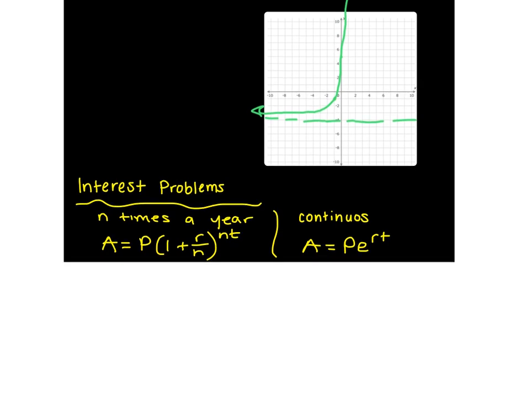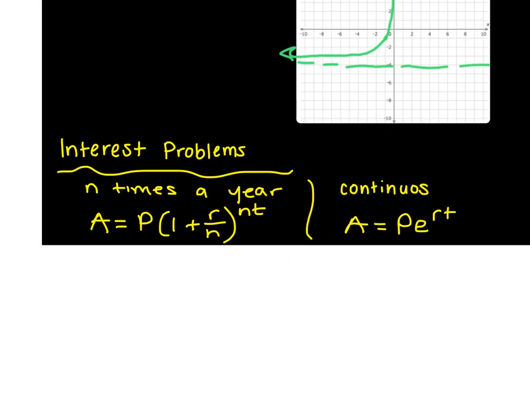Also in 3-1 was your interest problems. So guaranteed, interest problems are on the portion of your test that has the calculator. And there's 2 different kinds, either a certain number of times a year or continuous. A certain number of times a year is A equals P times (1 plus R over N) to the NT.